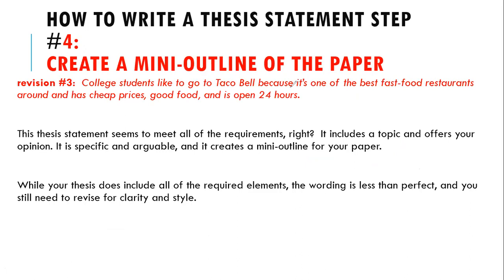Here we have a better thesis statement. College students like to go to Taco Bell because it's one of the best fast food restaurants around and has cheap prices, good food, and it's open 24 hours. Well, we have all the parts now. We have our topic. Our topic is college students like to go to Taco Bell.